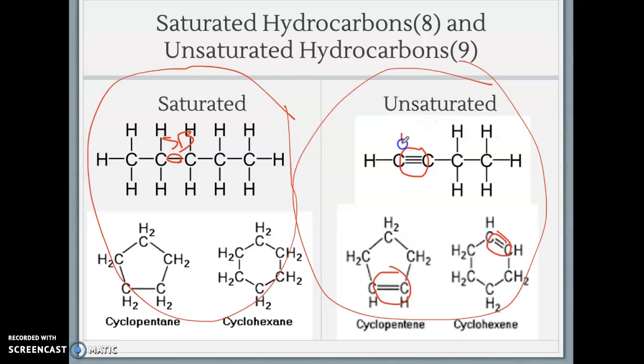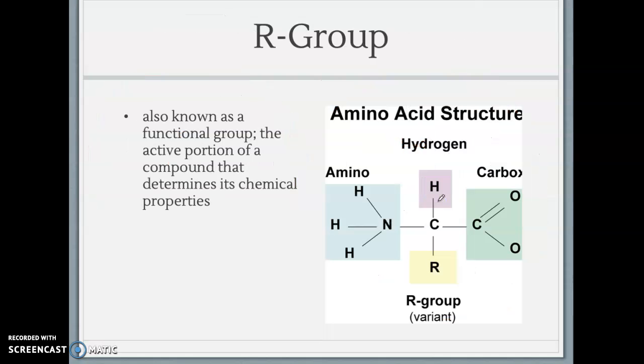Okay, 3 lines you can imagine would be called a triple bond, and this would be called a double bond. Unsaturated ones have a double or a triple bond in them, and saturated only have single bonds. If you look at the names of these single bonded ones, they're all ANEs. ENEs are double bonds, and a triple bond would actually be called an alkyne. It ends with YNE, which we'll get to later this week.